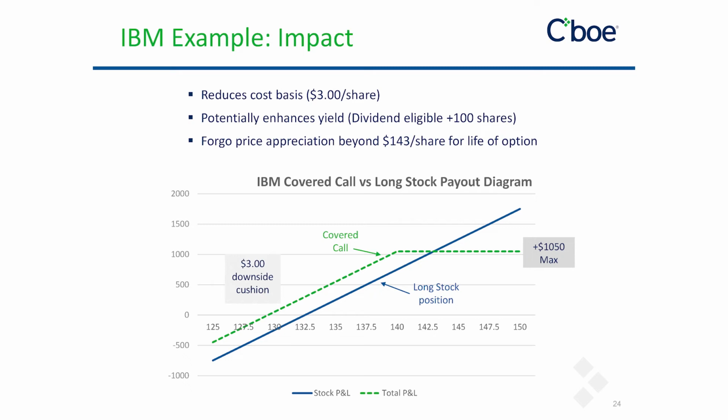Here, the call seller collected $3 per contract, or $300. So they effectively have a maximum cushion of $3 a share on the downside until expiration or the option is covered. That's about 2.3% below the current level of 132.5. Visuals tend to help in these situations.